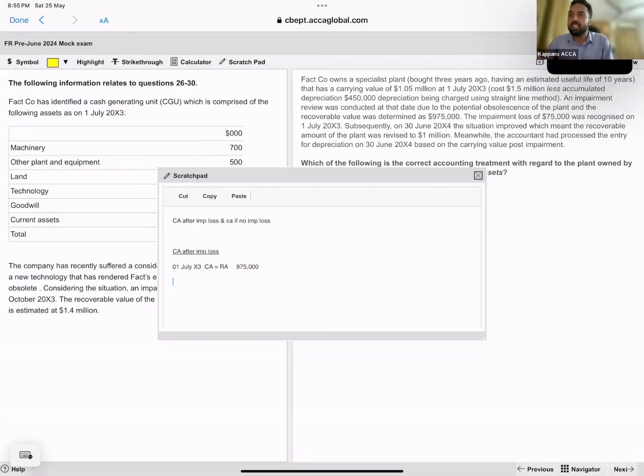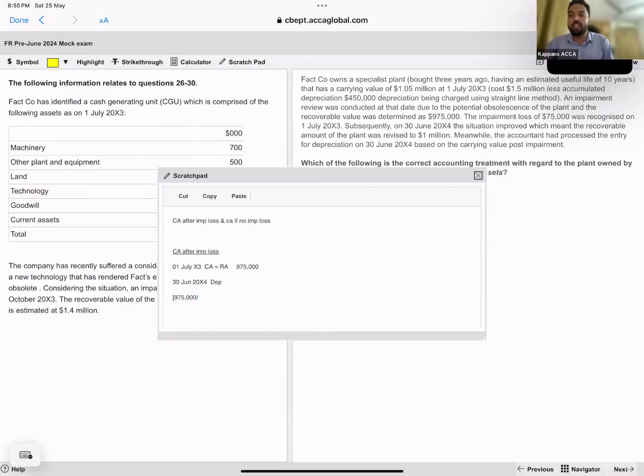Now, once an asset is impaired, the depreciation will be calculated on the recoverable amount over the remaining useful life. So on 30 June 20X4, the depreciation will be recoverable amount 975,000 divided by remaining useful life.